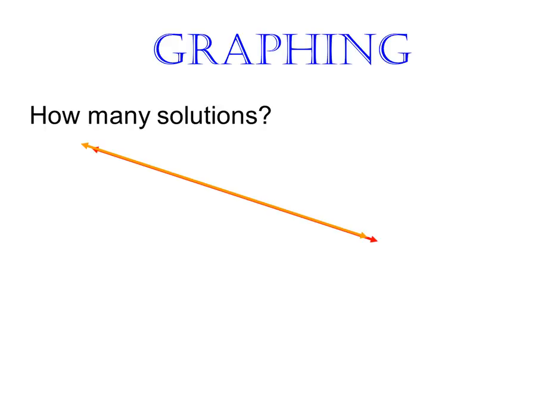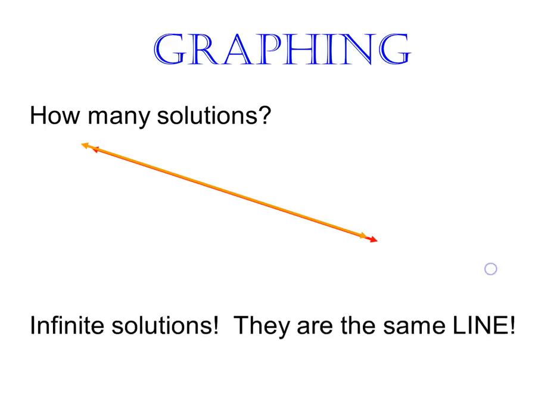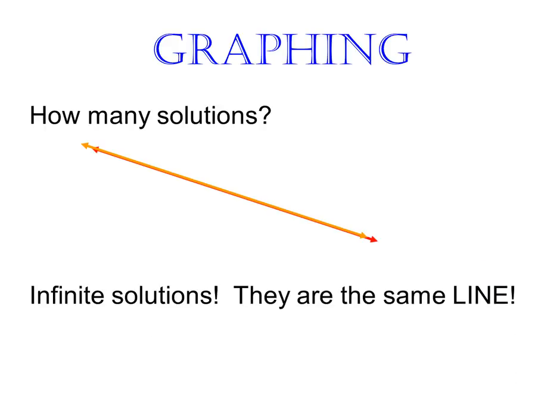How many solutions are there? Infinite. Because every single value on the whole thing is a solution because everything will make it true, because they're the same line.